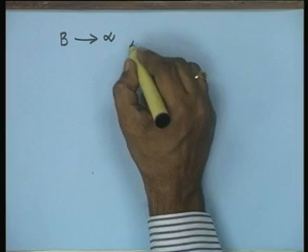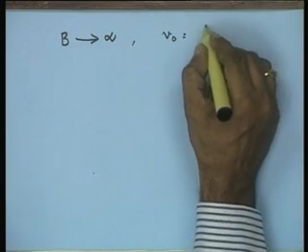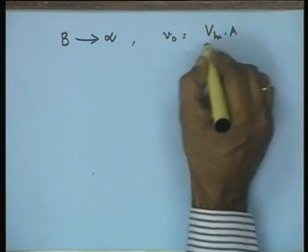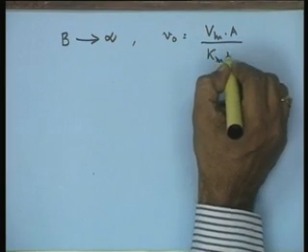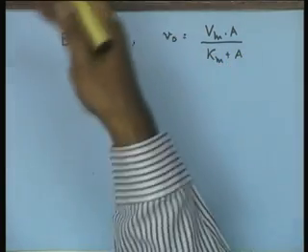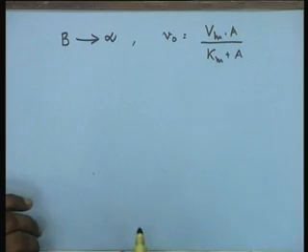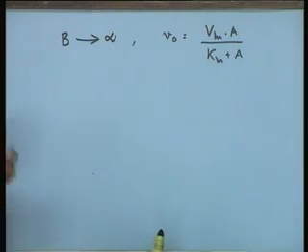So if, let us say, B is very large, B tends to infinity, then V naught will become equal to Vm into A upon Ka plus A. If from both numerator and denominator you divide by B, some of the terms will be cancelled, and you will end up with a simple expression which is essentially like Michaelis-Menten.